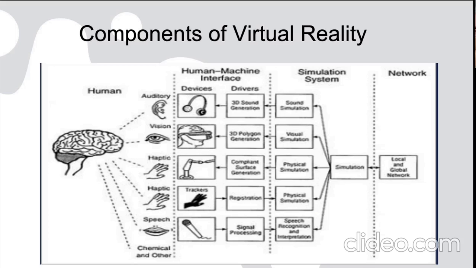The image shows the sensory movement and the respective device and simulation associated with it. For instance, for audio, we use a headset. The driver will be 3D sound generation, and the simulation will be sound simulation. For speech, it's a microphone, and the simulation is speech recognition and interpretation. Likewise, for all the other sensory movements.